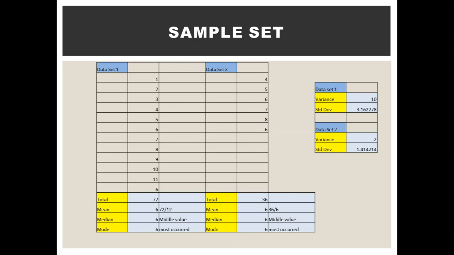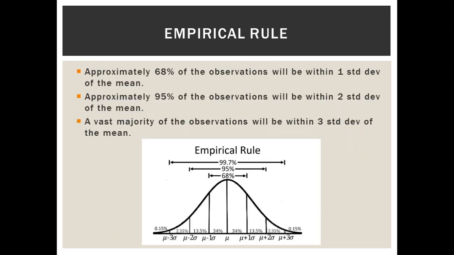Okay, now that I have a standard deviation, is there a formula to try to understand where my sample will be? Can I predict, if I've taken a sample, how much distance this could be from my mean? The empirical rule applies there.